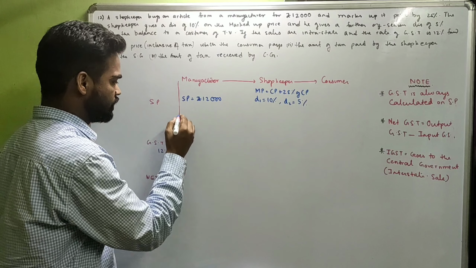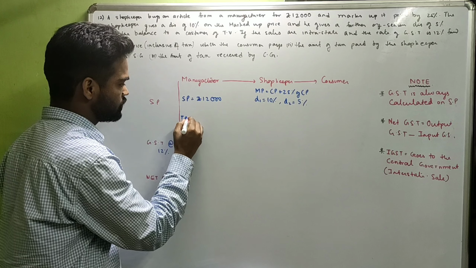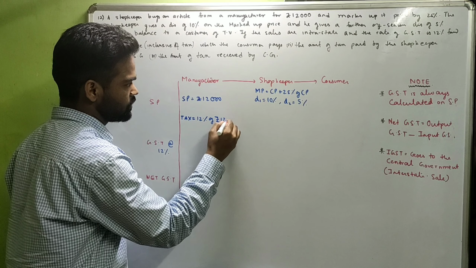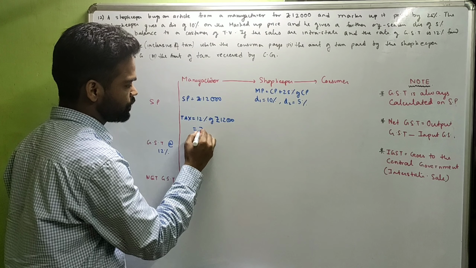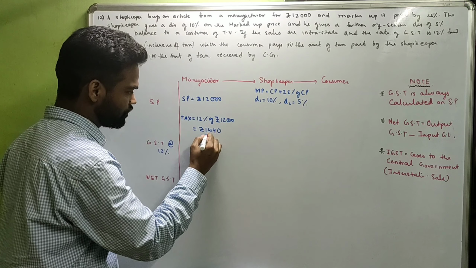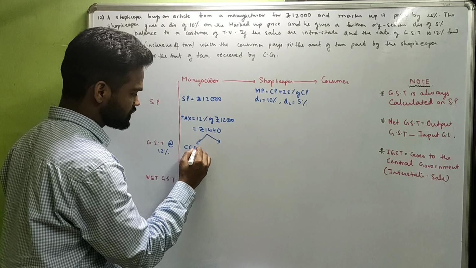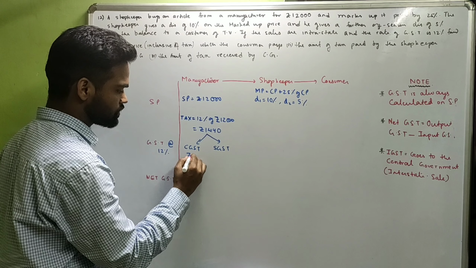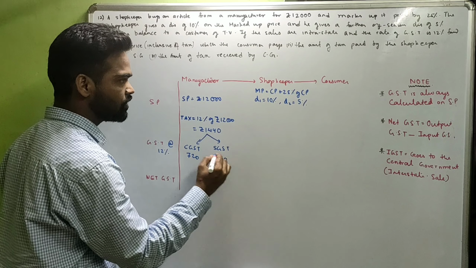Very easy. First, we'll find tax over here. That will be 12% of rupees 12,000. That's rupees 1440. That will be CGST and SGST divided equally. So 720 and 720.